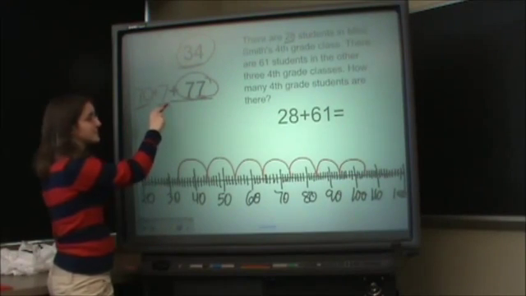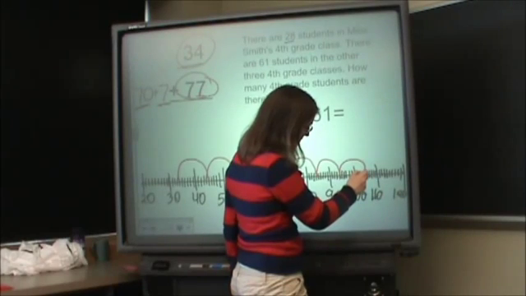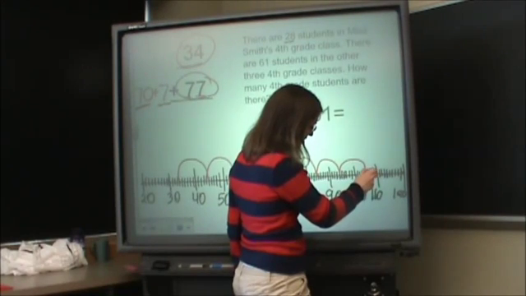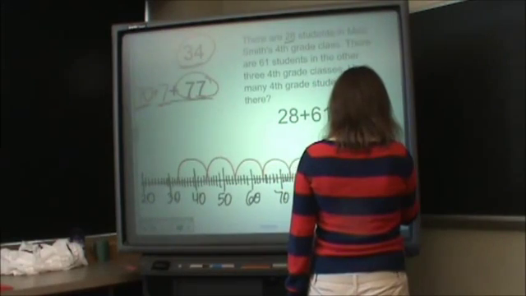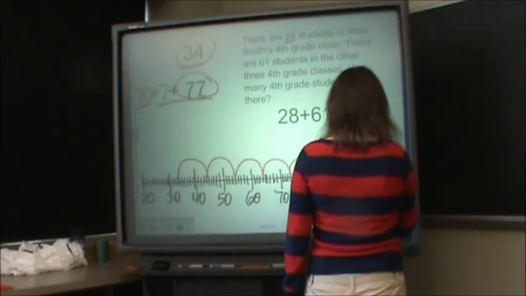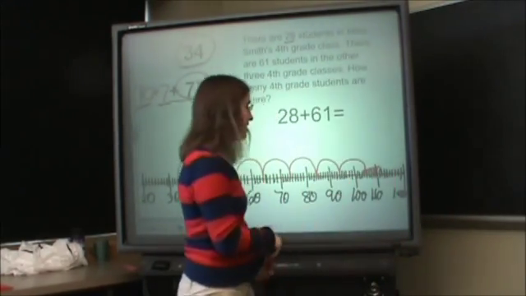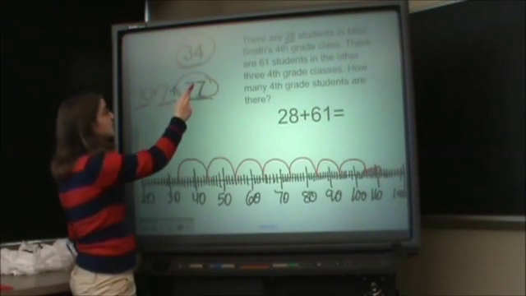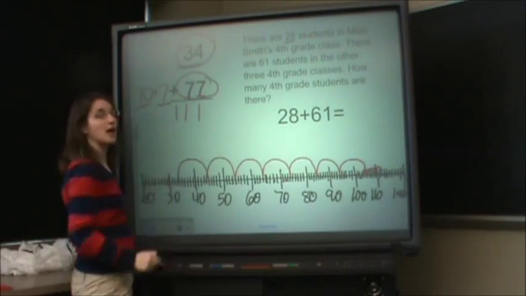I still need to count up 7 ones. So 104, 105, 106, 107, 108, 109, 110, 111. All right, so I just counted up 7 times. And I landed at 111. So 34 plus 77 is going to equal 111.